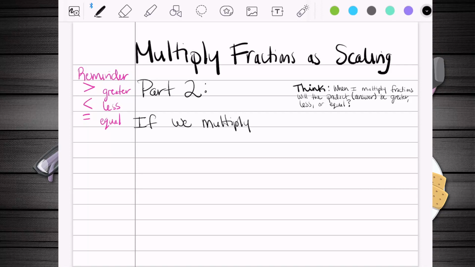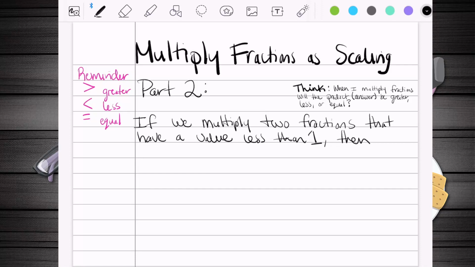So if we multiply 2 fractions that have a value less than 1, so they're both less than 1, then the product will be less than both factors.